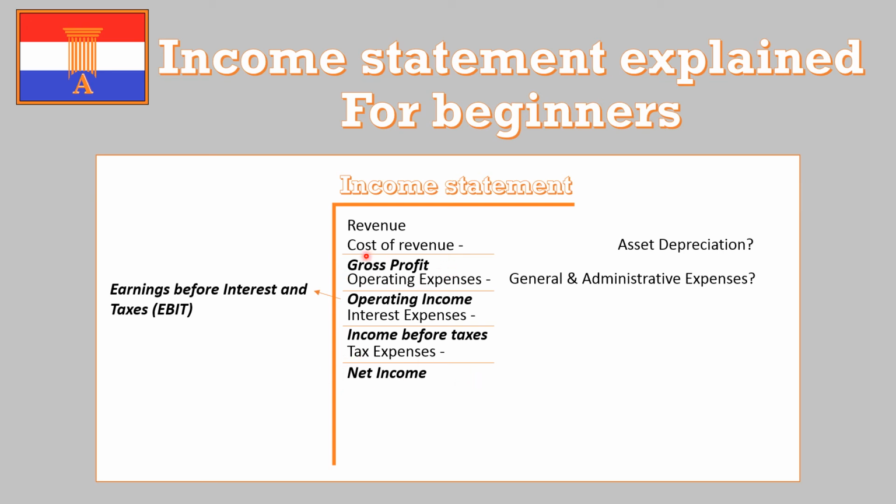But if you are going to compare gross profits, or you're going to compare other ratios or numbers or percentages, then you need to be sure that these costs that we're talking about are written at the same spot. So either it's cost of revenue or operating expenses, and if it's different, then you probably don't want to use gross profit. Then you want to stick to operating income for comparison, or net income, if you will.